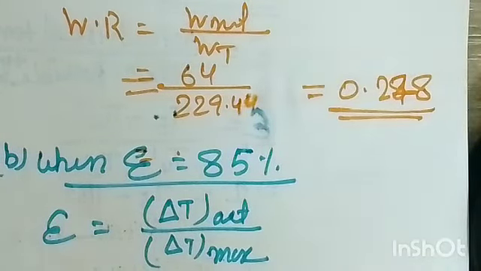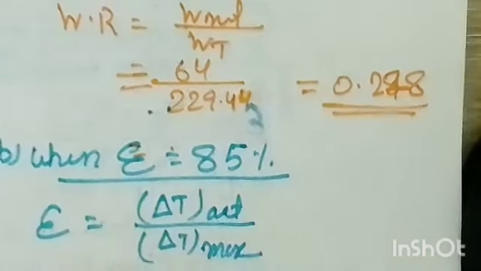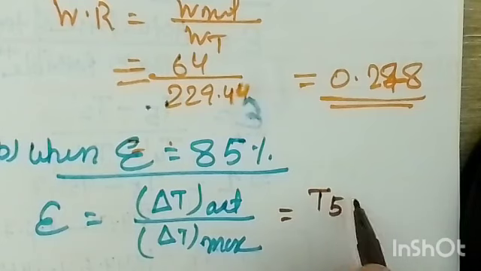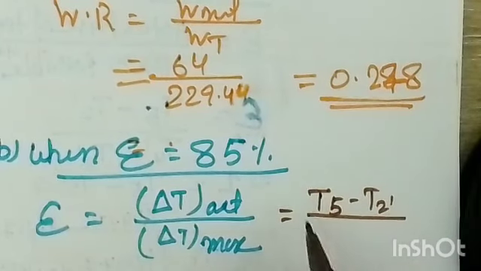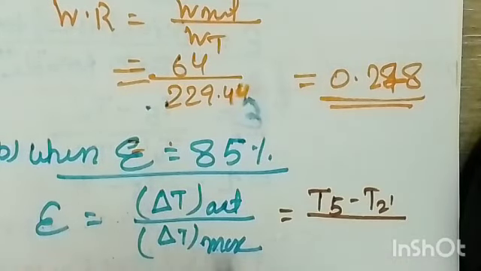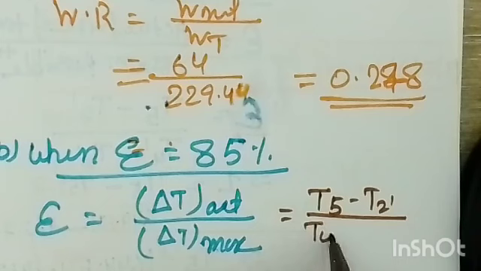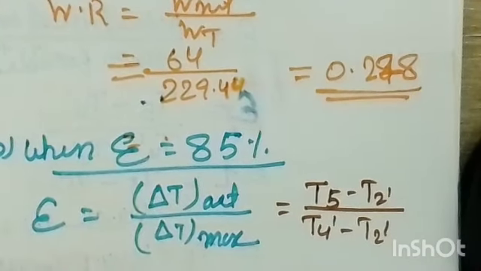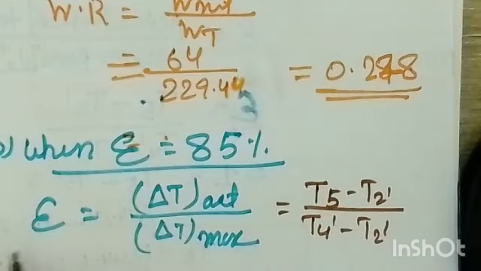So here you can write T5 minus T2', this is the actual, and the maximum is directly from the end of the expansion to the compressor end, that is T4' minus T2'. Now you have to find out T5, but here the effectiveness will be 0.85.